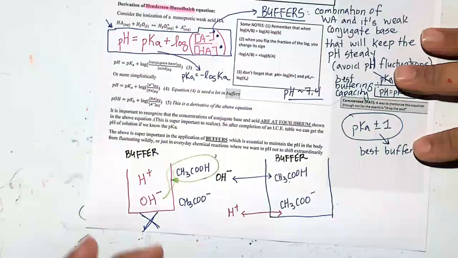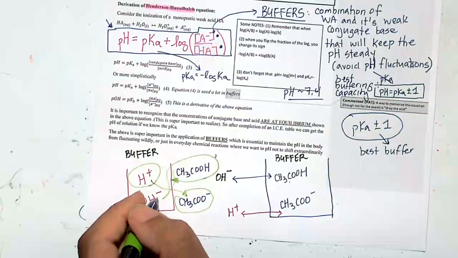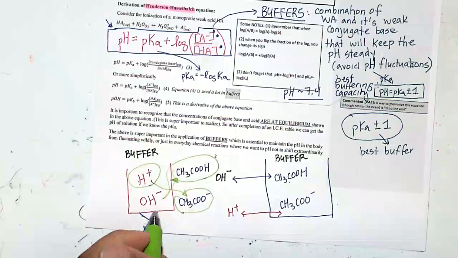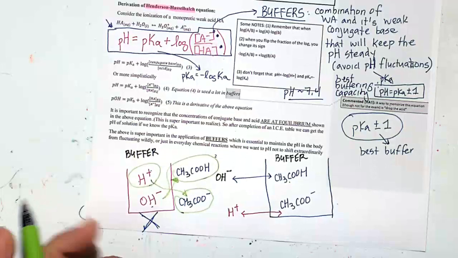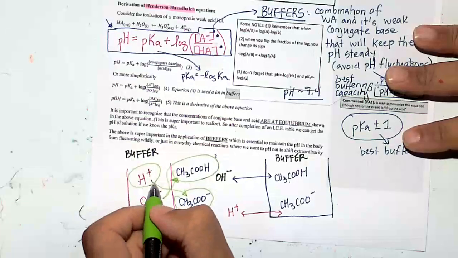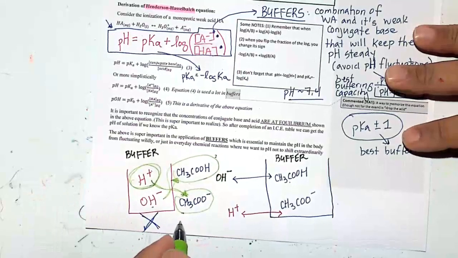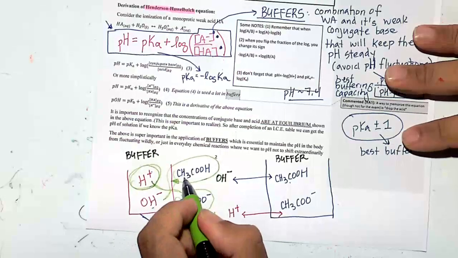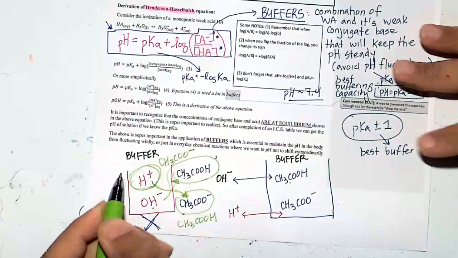This acid will devour it. So when this devours this, because strong does that, and this devours that, your pH is going to change. So what you'll have is a whole bunch of CH3COOH, and this will devour that, so what you'll have in here is a bunch of CH3COO minus.